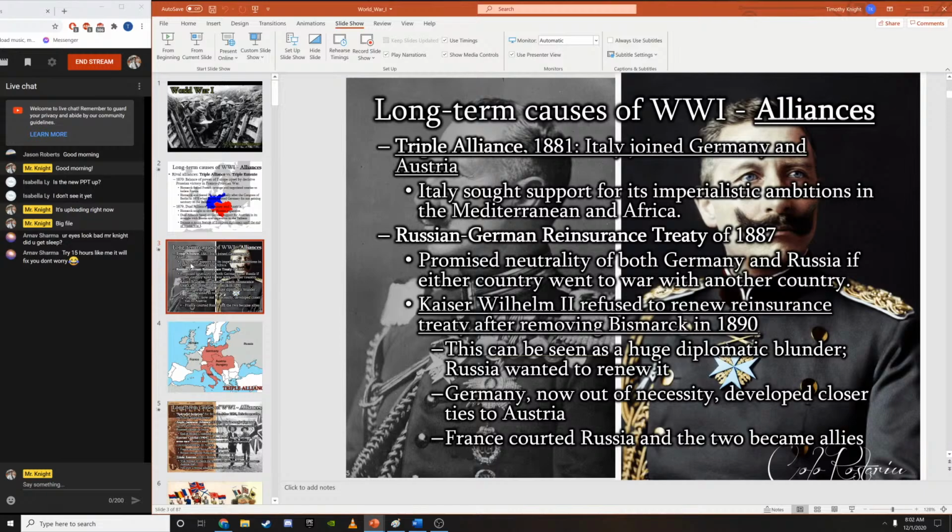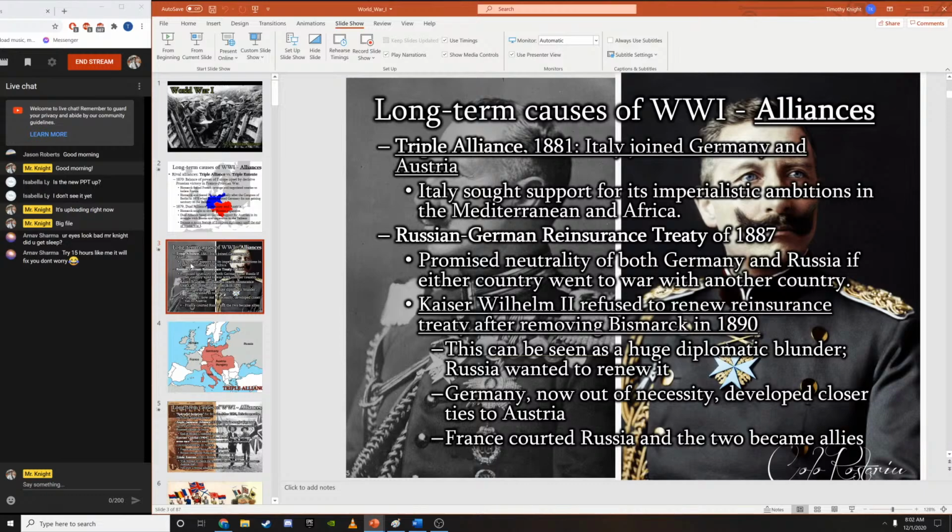When the war actually starts, Italy, for example, which was in the Triple Alliance, ends up switching sides. And I'll talk about that later. But for right now, Italy is in the Triple Alliance.